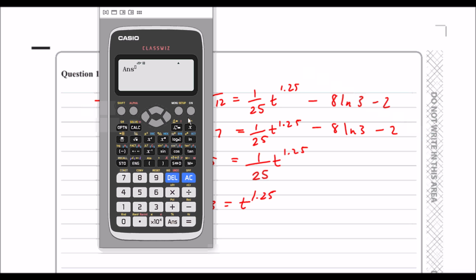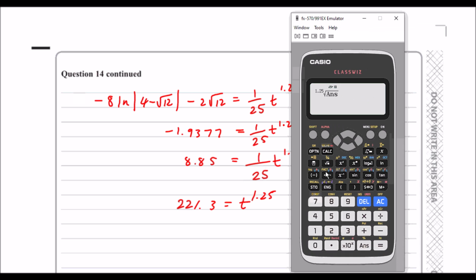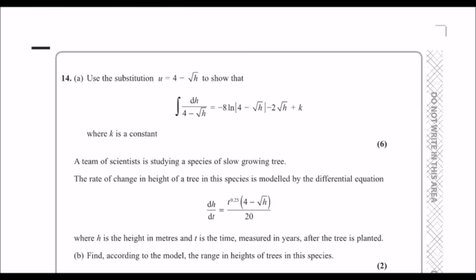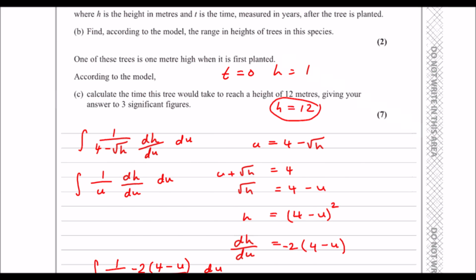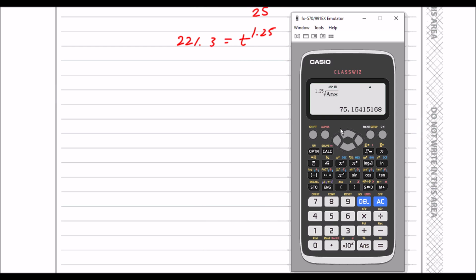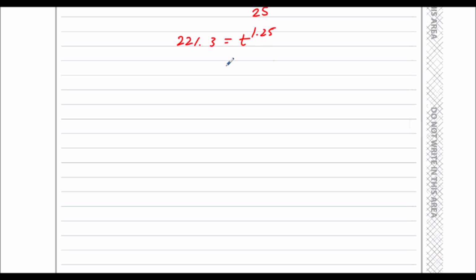So the 1.25 root of our answer, which is hopefully still there, and that's 75. Did it want it to 3 significant figures? So that's t is 75.2 years.